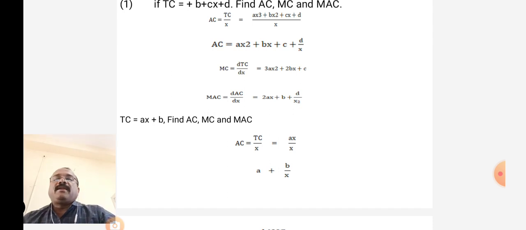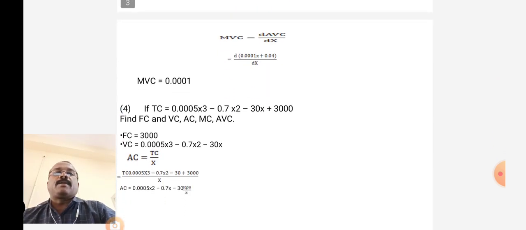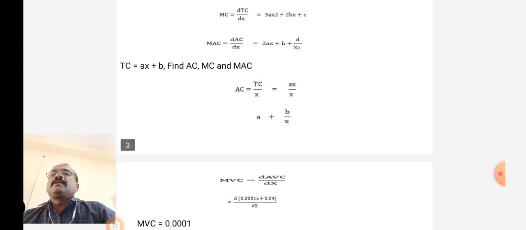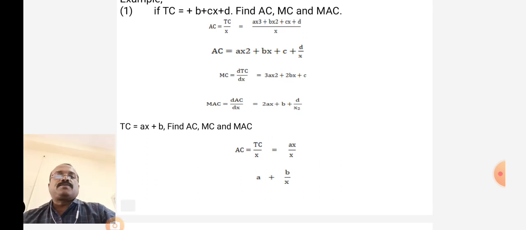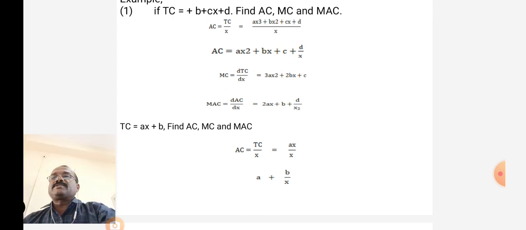When we calculate the marginal cost, let me move on to the MC. MC is always equal to dTC divided by dx, which equals a.